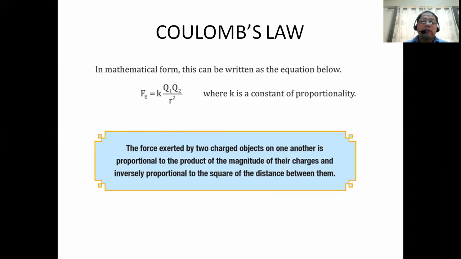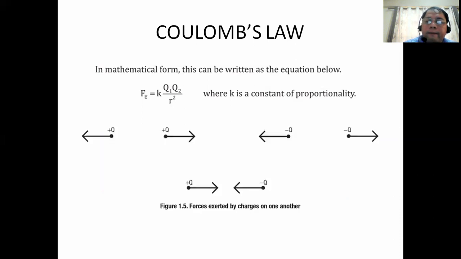So this is the electric force, maybe we can call it Fe. And there's a constant that we have in this equation, and it's K. So we have Q1 for charge 1, Q sub 2 for charge number 2, and they are separated by a distance R.